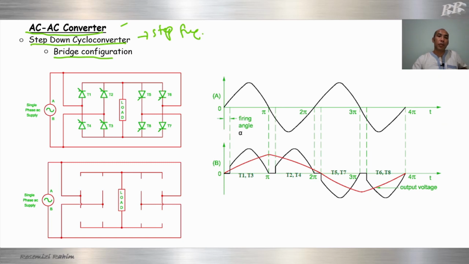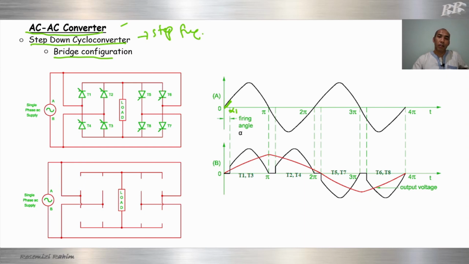So these thyristors will be controlled by a controller to switch on or switch off the thyristor. Okay, so first we focus on the positive cycle. This part, let's say this one is alpha 1. So from 0 to alpha 1, there is no firing current to any of the thyristors.